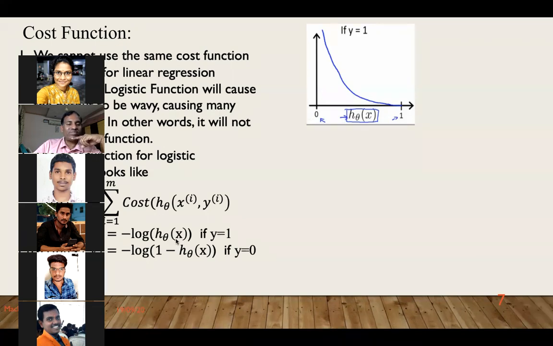If h theta x becomes maximum, then it will become infinity, right? If h theta x is infinity, minus log h theta x will go to minus infinity. Okay. So when will it become 0?